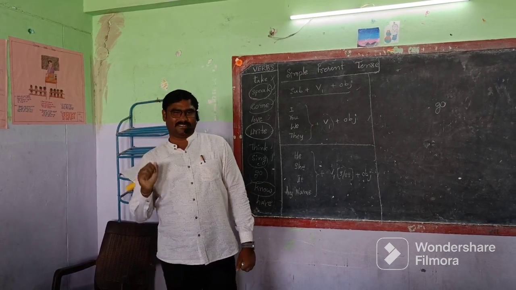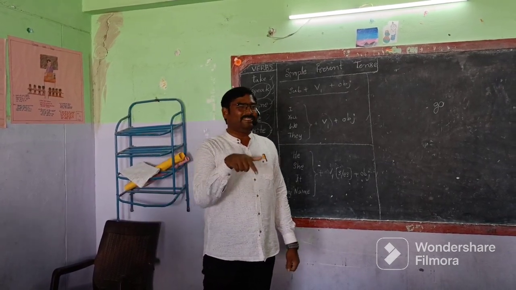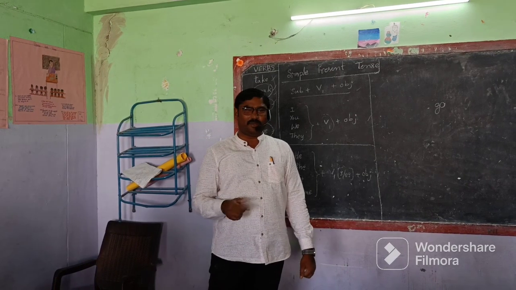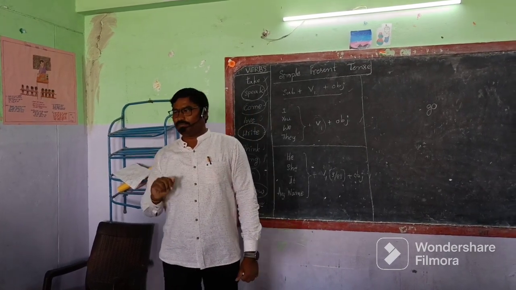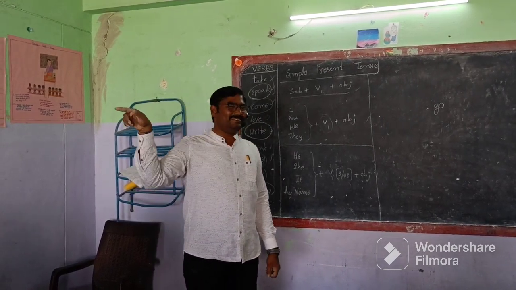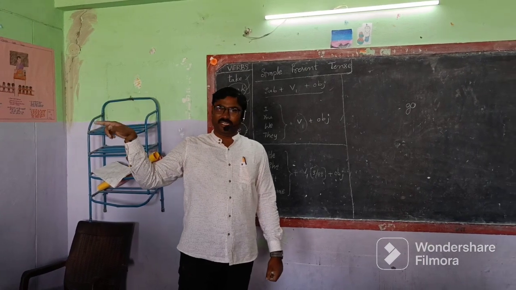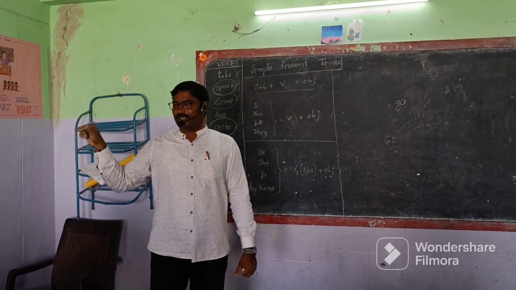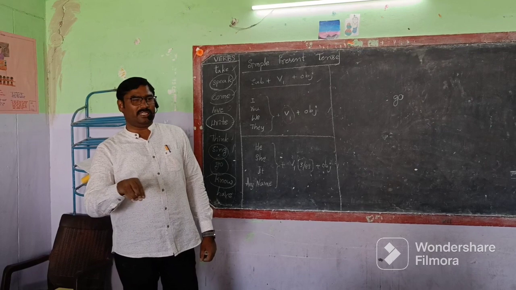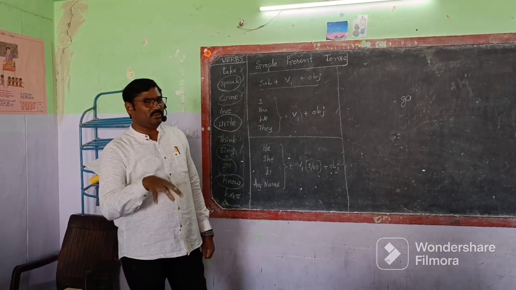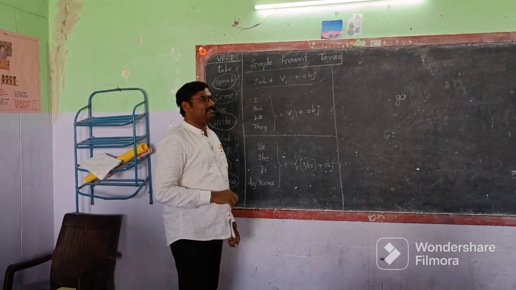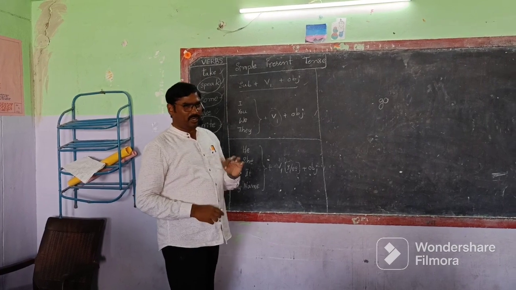These are all historical things. Taj Mahal is in Agra. Red Fort is in Delhi, New Delhi. So they are the historical things which are used in simple present tense with verb 1.